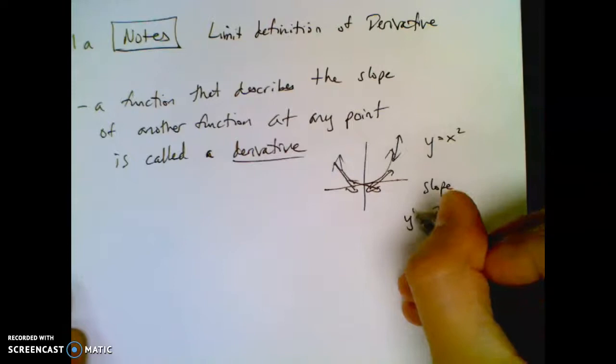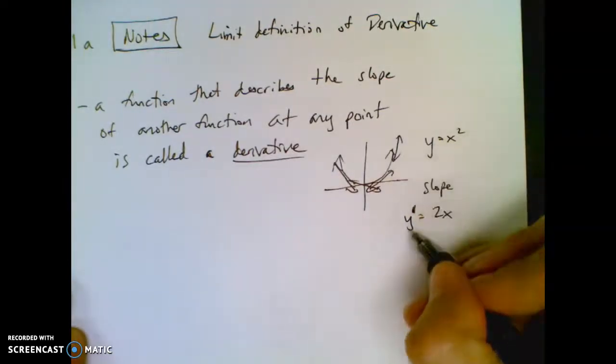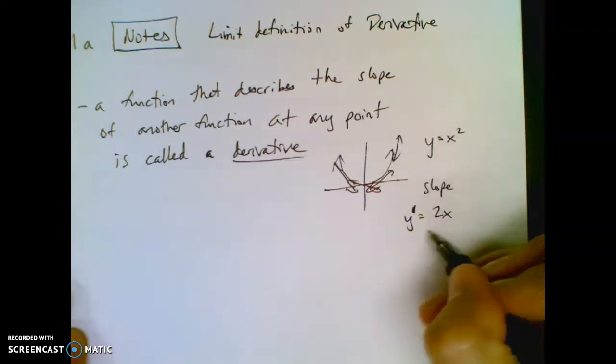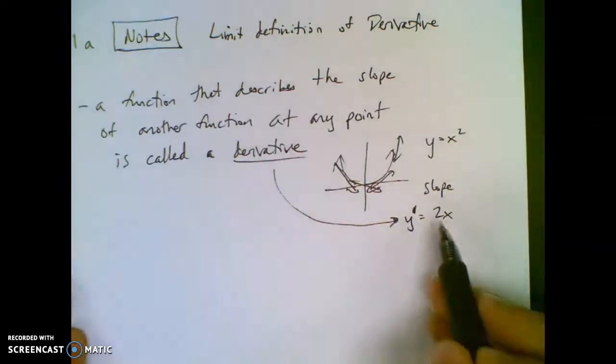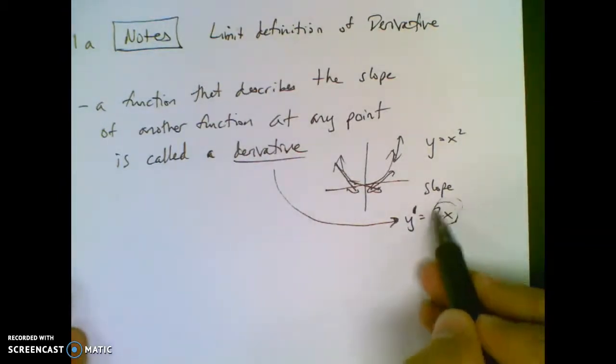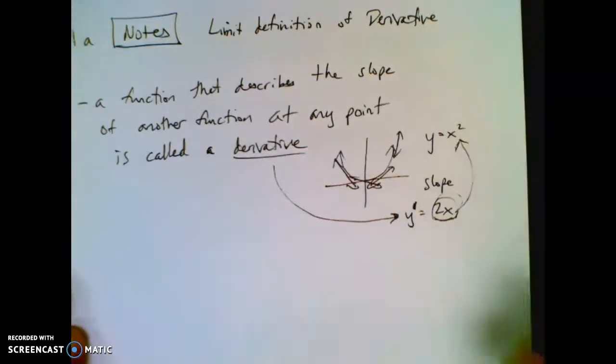There's a symbol for that. It's y prime. It has a little mark. If this is y, then the slope of every point can be found by using this. This guy right here is called the derivative because it is a function that could find the slope of any point on this graph.